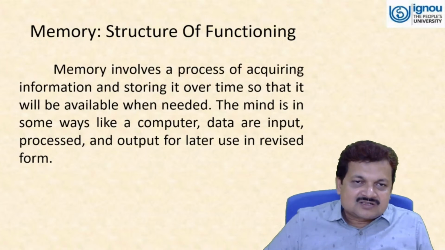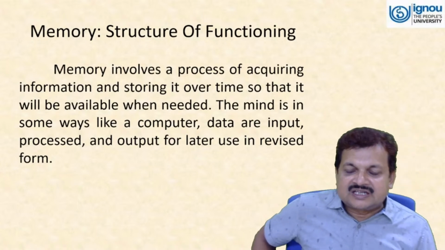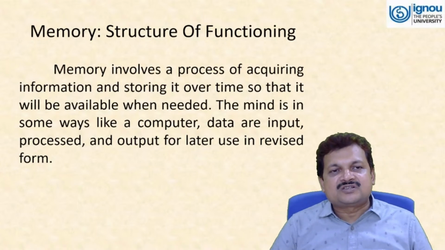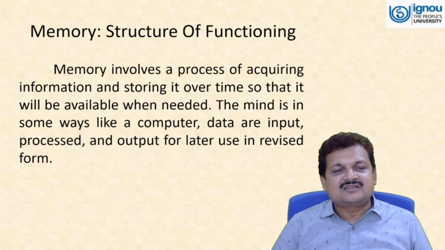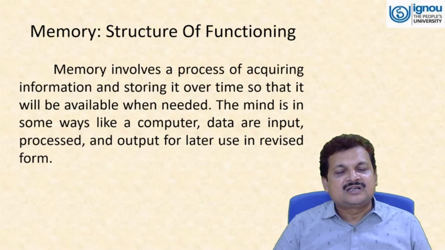Our memory is also working like this. Memory is always being bombarded with too many kinds of stimuli, and all the information comes to the memory, and before that also information is there.